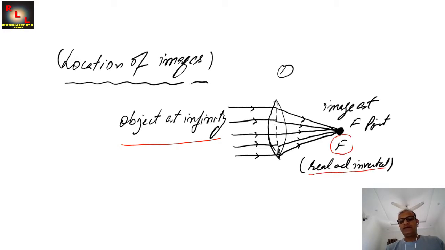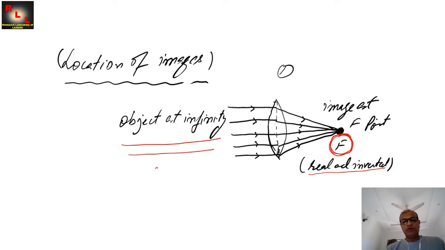We will study different cases here, but in this case, the object is at infinity, and we will find the image at the focal point of the lens, which is this one.